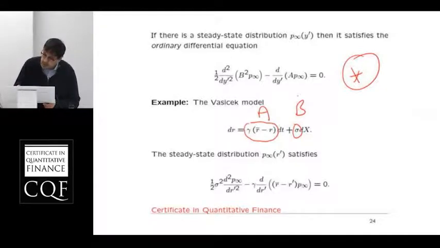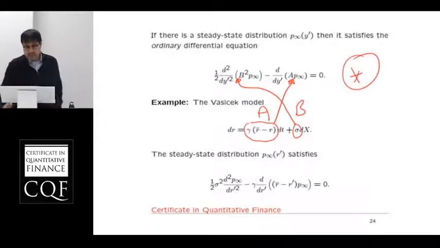So the B goes in here, and the A bit goes in there. And in the case of the Vasicek, this is what we end up with. The nice thing about this is that this is actually a relatively easy differential equation to solve, because integrating both sides means that the very first derivative will become a first order derivative.